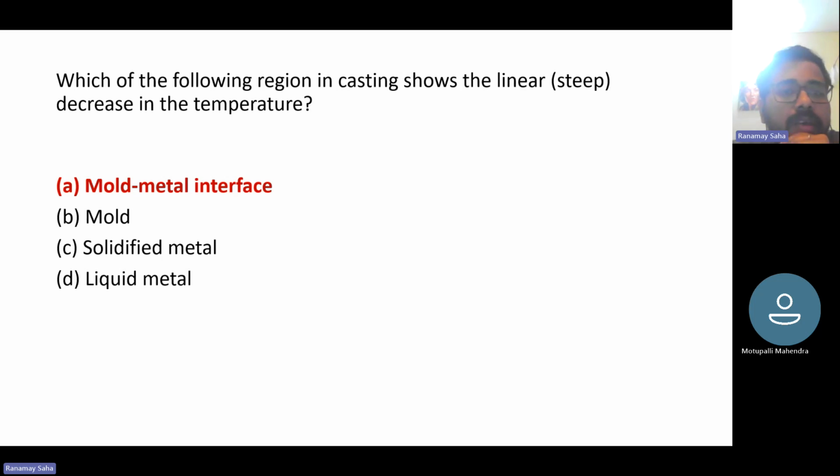There are different parts: the mold, the metal in the liquid state, the solidified metal, and the interface area between the mold and the molten metal. The linear decrease in temperature happens in the mold metal interface area.